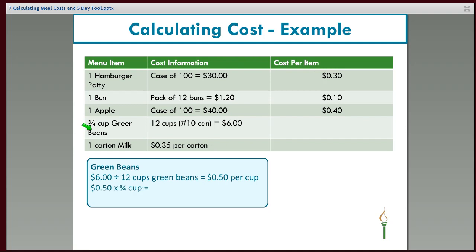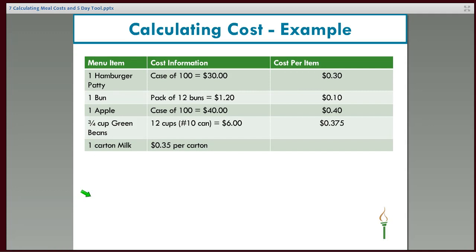So we take that 50 cents per cup times 3/4 of a cup, and that gives us $0.375, so 37.5 cents per 3/4 cup serving of green beans. Then the milk is easy because we know we're getting charged 35 cents per carton.